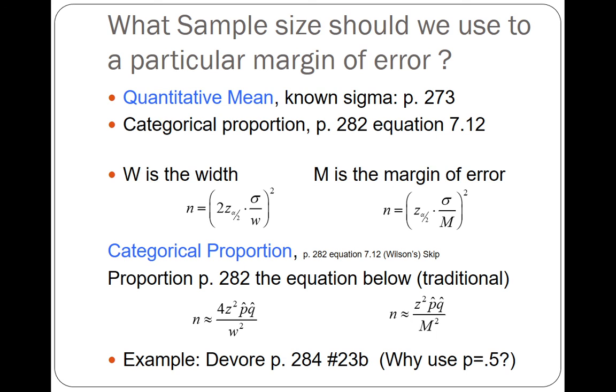Your book has some things on what size you should use. It depends on what confidence level you want, then an estimate of your standard deviation, and then your width, like the width of the interval or the margin of error. Wilson's is in DeVore because he likes his theorem. You can skip that. Just use the approximation for this, and you can figure out your sample size.